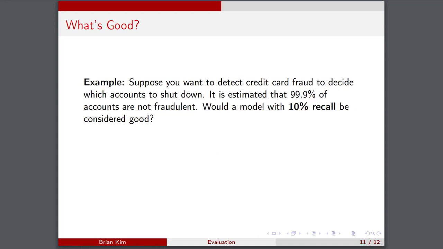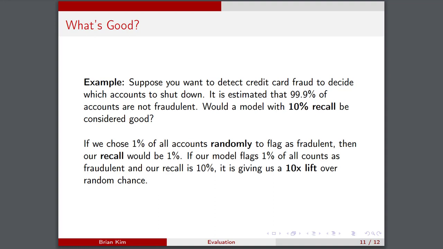Right. So let's look at the other end. What would a model with 10% recall be considered good in this case? Well, if we chose 1% of all accounts randomly to flag as fraudulent, then the recall would be 1%. If you choose 100% of them to flag as fraudulent, then the recall is 100%. The percentage of all accounts that you randomly choose is going to be your recall.